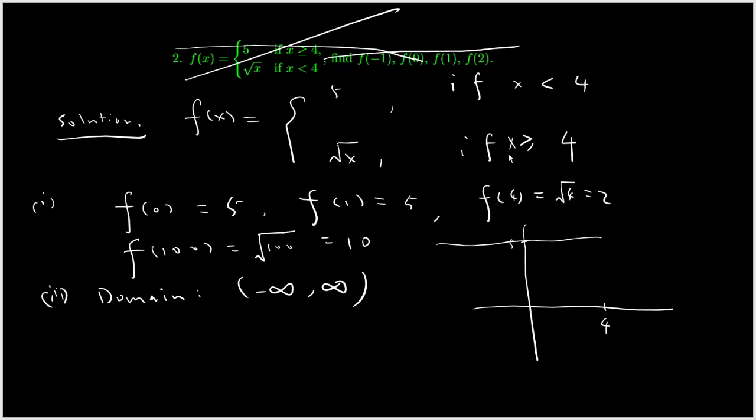And then to the right of 4, you have part of the graph of square root of x. You want to recall how to get the graph? I told you to memorize the graph of some power functions before. The whole thing is kind of something like that, right? I will still use the dot. The value of the function at 4 is 2, so the solid part is going from here.